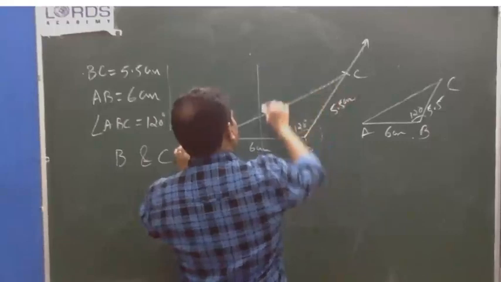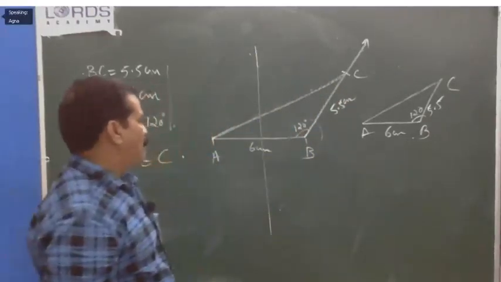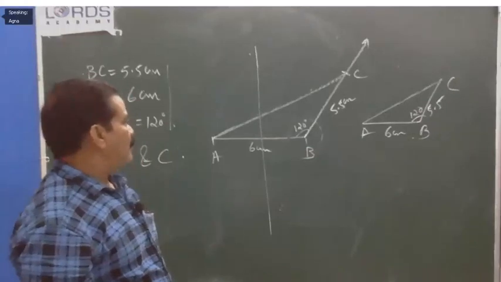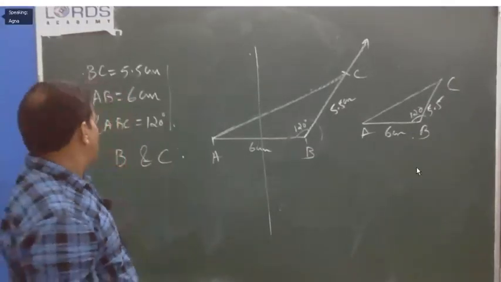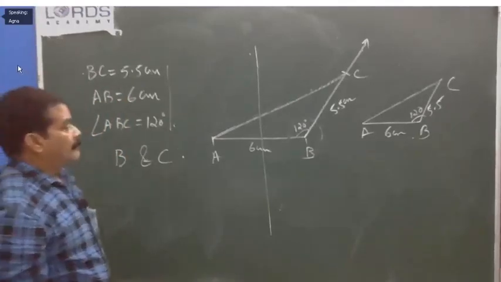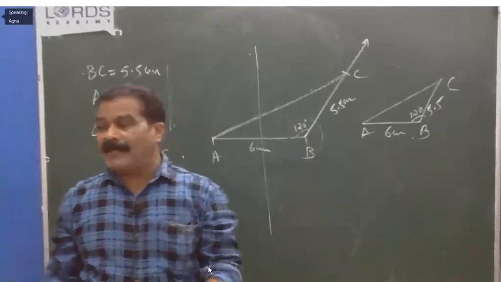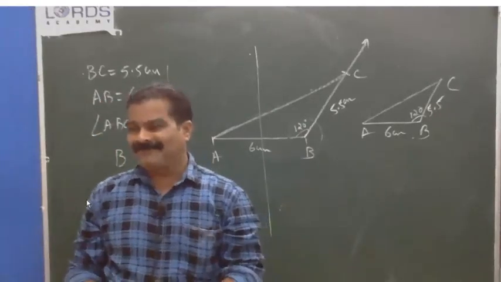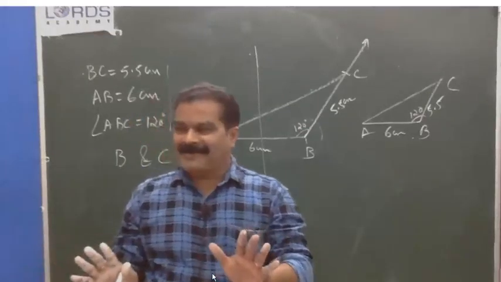AC. Yes, come on. BC. Any side you can take as a base, no problem. First of all, you draw the triangle.